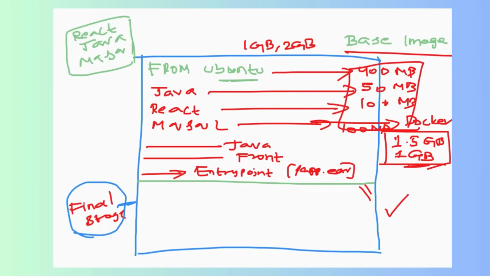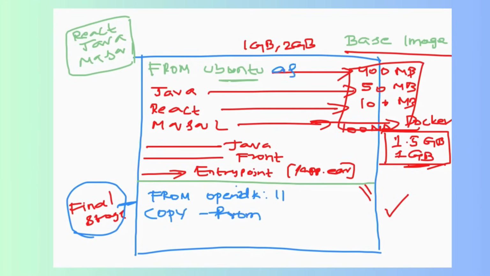So using this multi-stage Docker build concept, you can avoid this problem, because in the final stage, because the final image is just a Java runtime environment, I'll only say FROM OpenJDK, colon 11 or 12 or latest, whatever version of the image you want to use. So from OpenJDK, just copy from the base image.